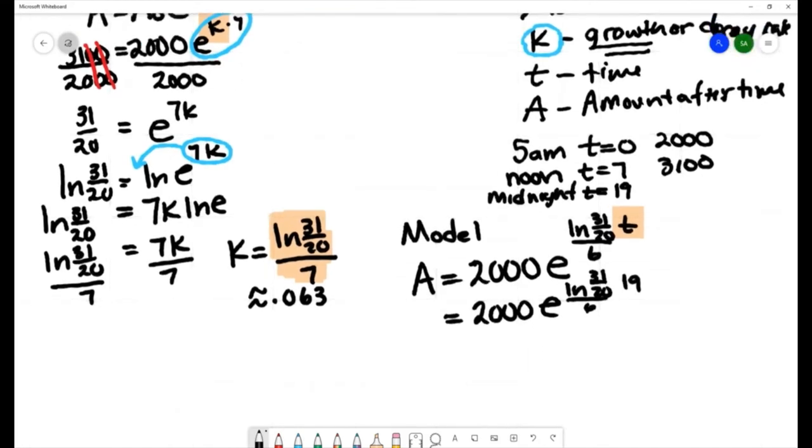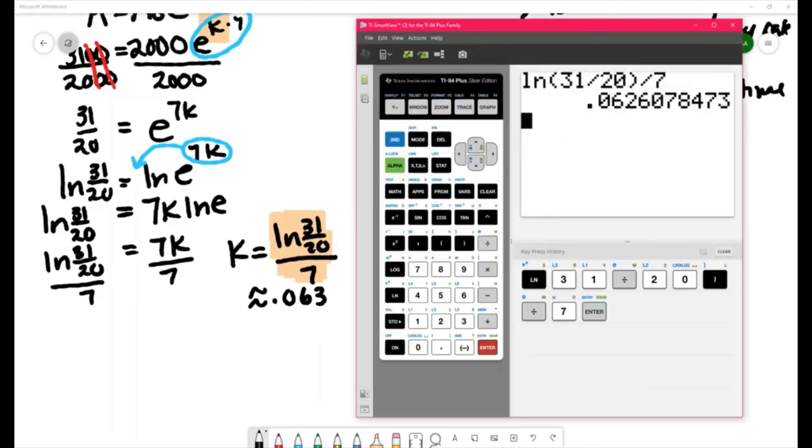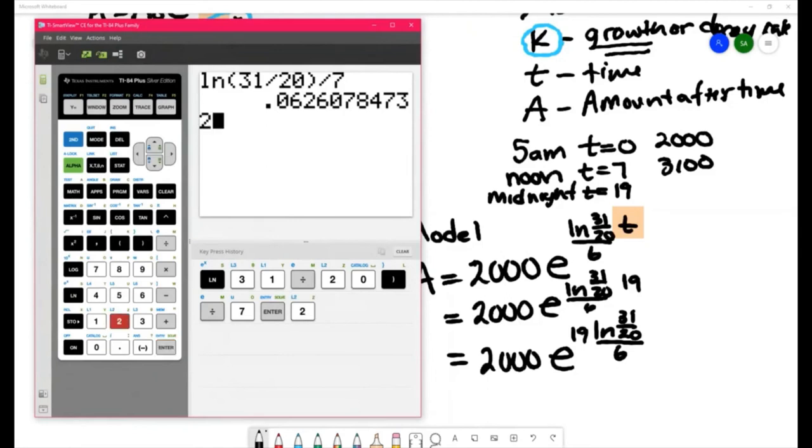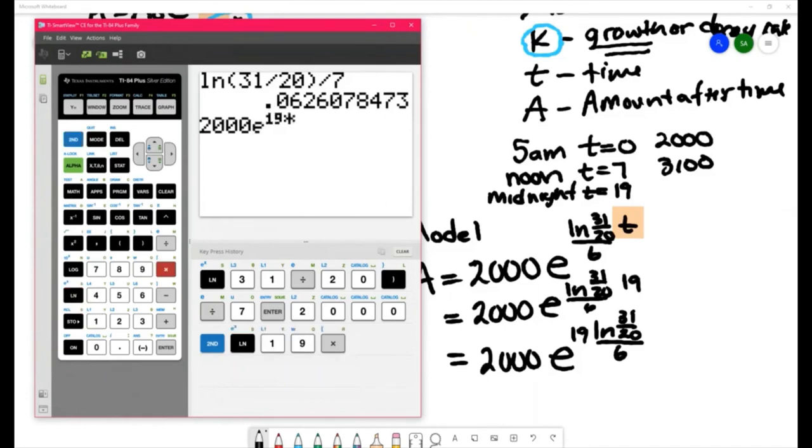And as I've said previously, I like to write that 19 in the front because there are fewer parentheses that need to be typed into the calculator that way. So we'll type our expression into the calculator, 2,000 e to the 19 times natural log of 31 over 20, over 7.